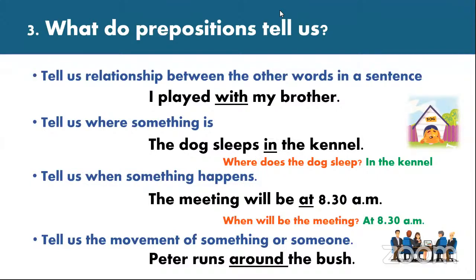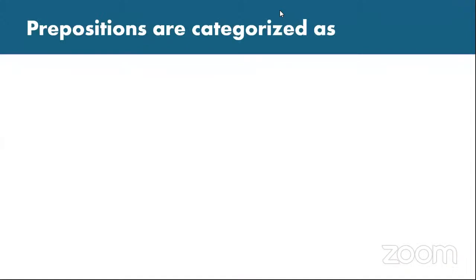Then you can imagine, how does Peter run? Peter runs around the bush. I think this is clear to you. So, the prepositions are categorized as prepositions of place.